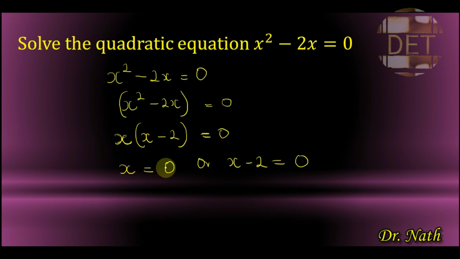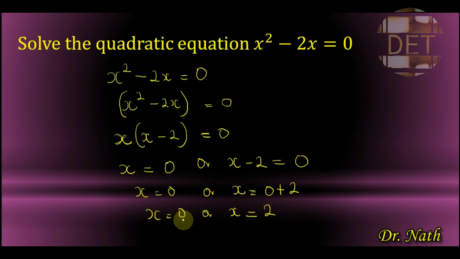So x is equal to 0, or x, when this minus 2 goes to the other side of the equation, it becomes plus 2. So that would be equal to 0 plus 2. So x is equal to 0, or x is equal to 2. This is the answer to this question.